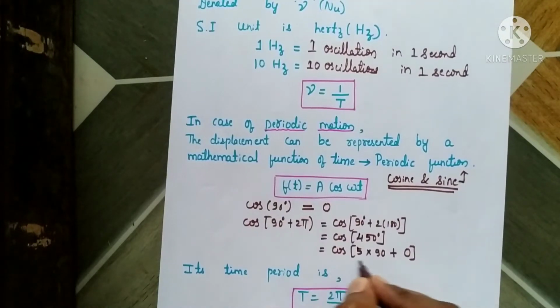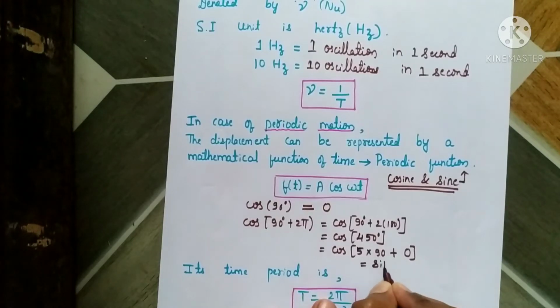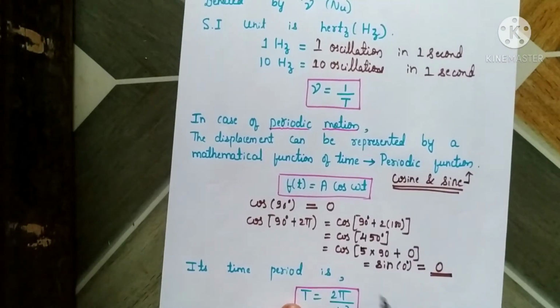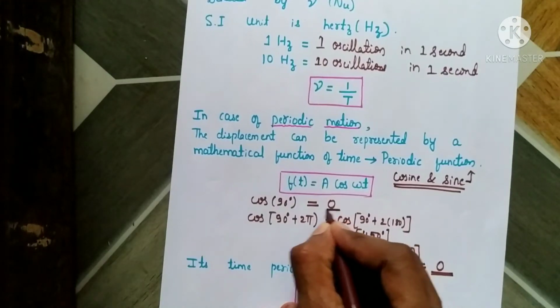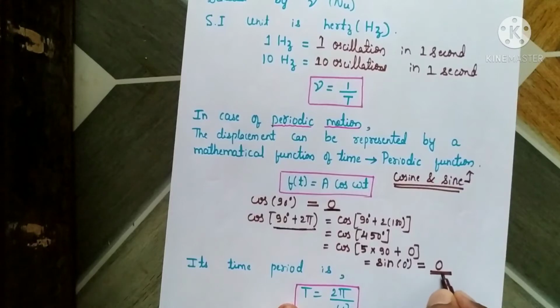Now here if you observe, 5 is an odd number, so 90 is with an odd multiple. If there is an odd multiple, then cos becomes sine of 0, so the value becomes 0 only. The final answer is 0. So the cos 90 value is 0, and the cos of 90 plus 2 pi value is also 0.